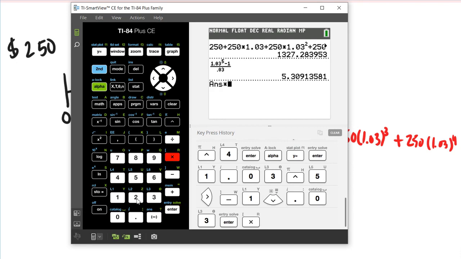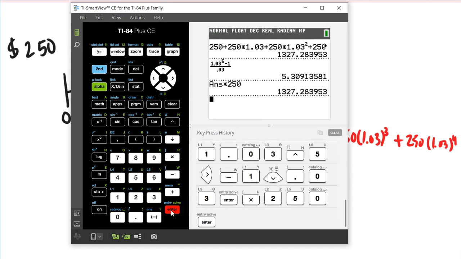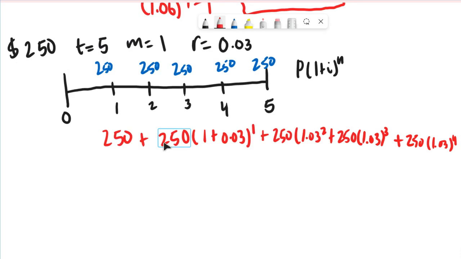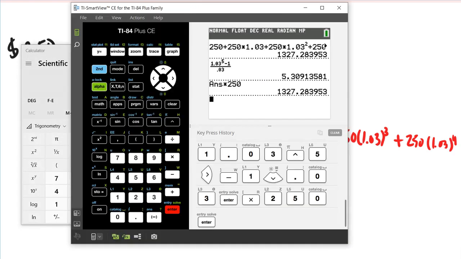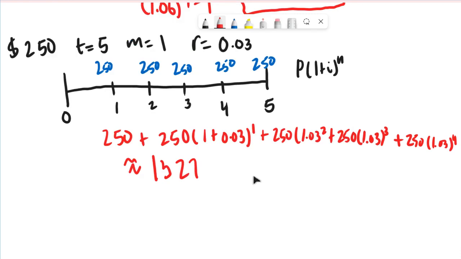Okay. Times 250. There we go. So we got the same thing, 1327 dollars and 28 cents.